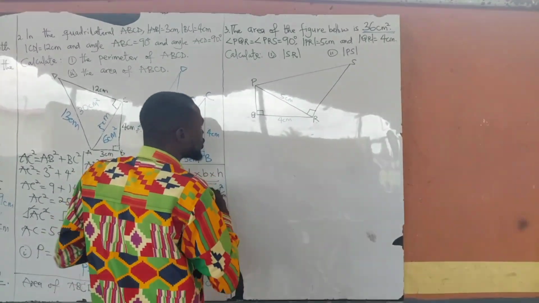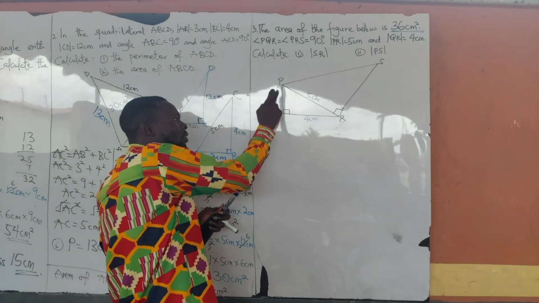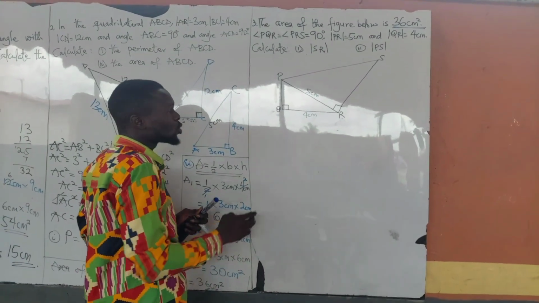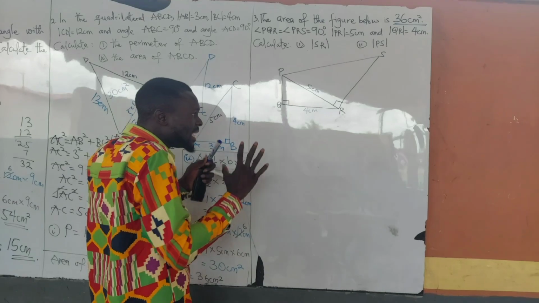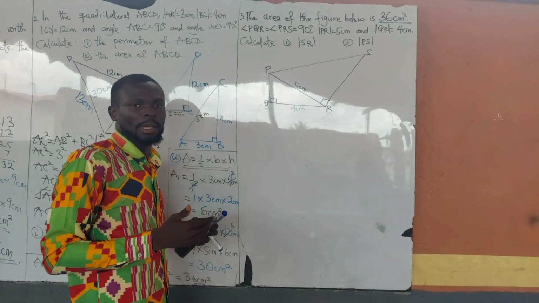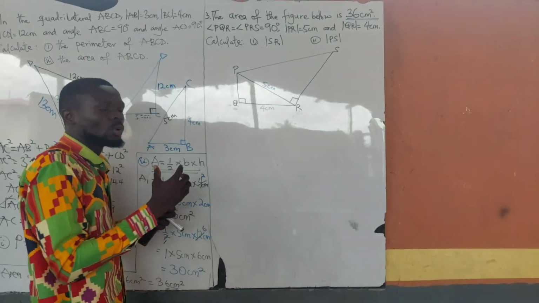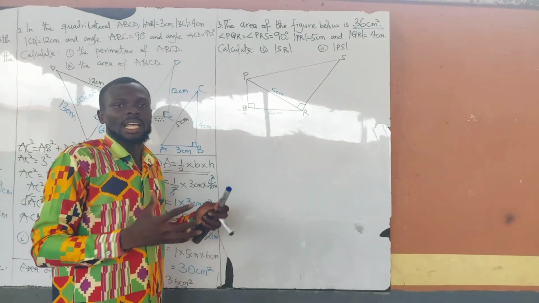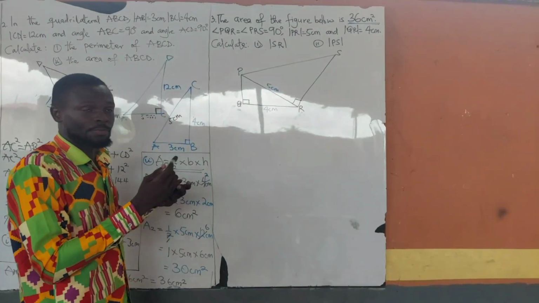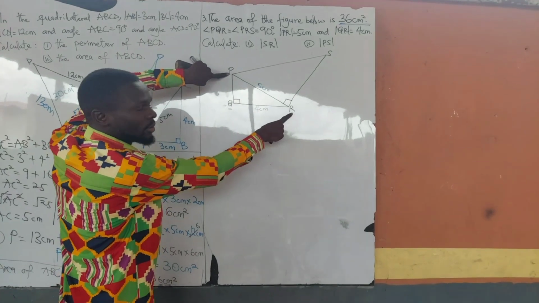So if this triangle happens to be a right angle triangle, then I have to calculate for this side. If I know the length of this side, then at least I'm getting close to the solution of the problem. Now, if this is a right angle triangle, where is the hypotenuse? The longest side, which happens to be PR.